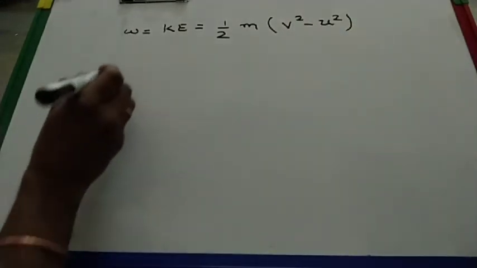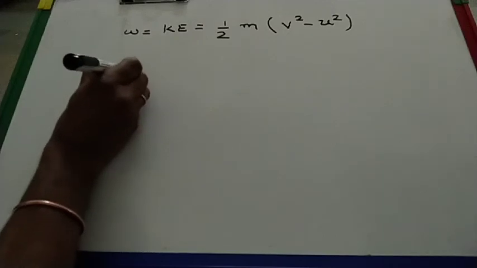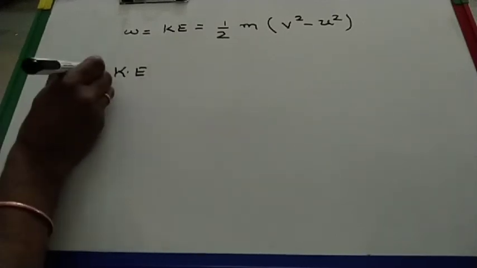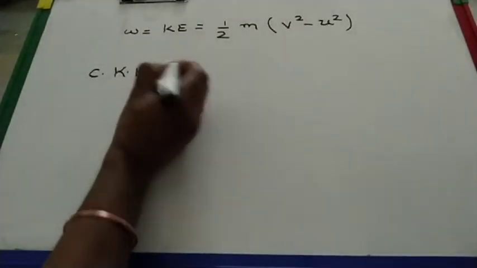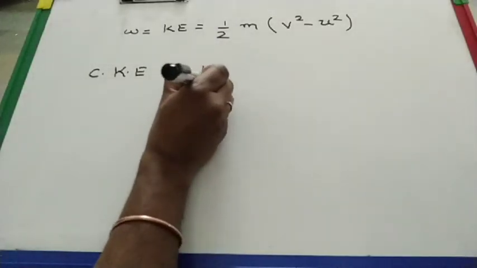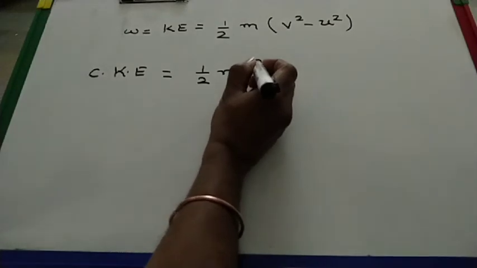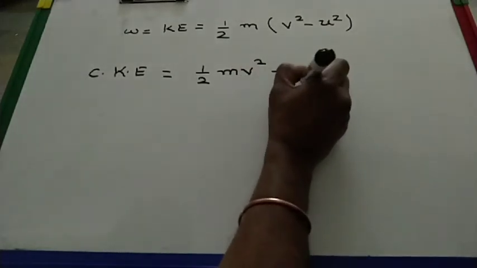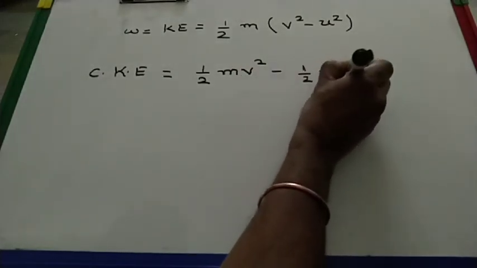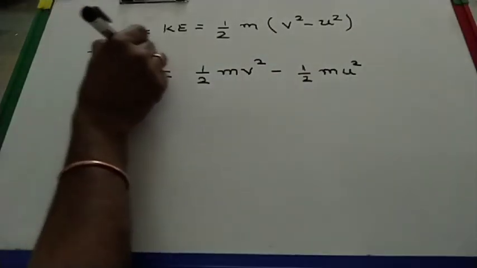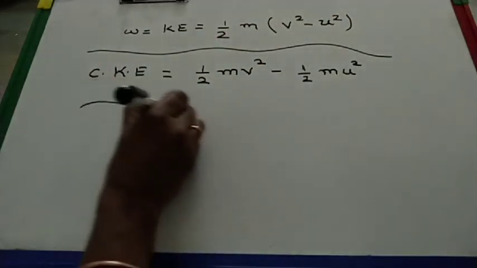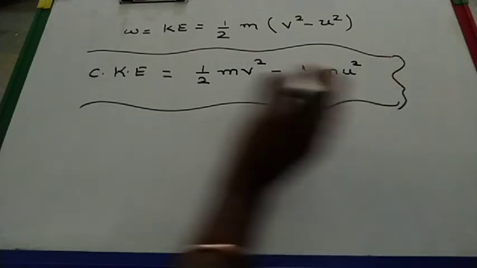Okay, that means change in kinetic energy, we write it as 1 by 2 mv square minus 1 by 2 m u square. This is also an important point, we have to note it down.